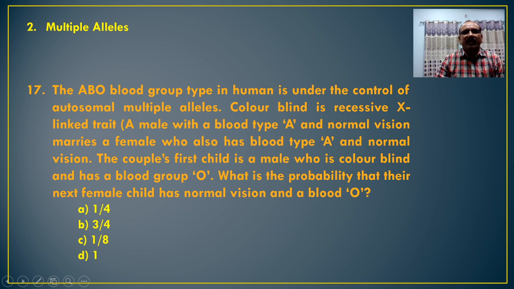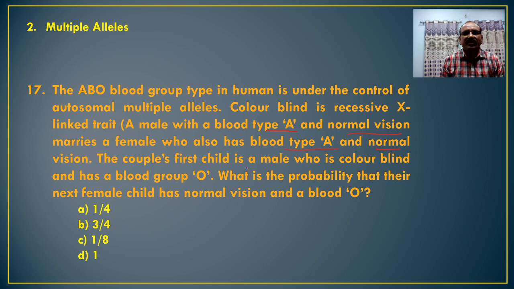The ABO blood group type in human beings is under the control of autosomal multiple alleles, and colorblindness is a recessive X-linked trait. A male with blood type A and normal vision marries a female who also has blood type A and normal vision.